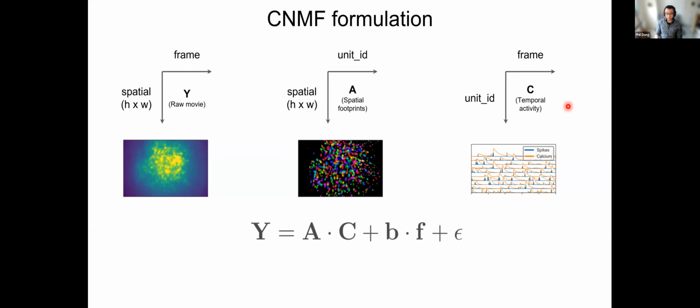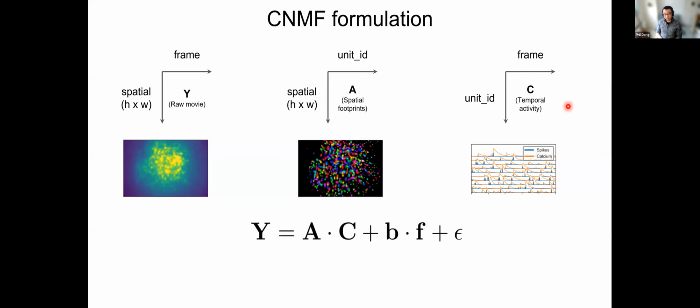Then the CNMF formulation basically says that the input movie can be broken down into the product of the A matrix and the C matrix, plus the background term and the noise term. So this is basically the most important thing to understand about the CNMF formulation.